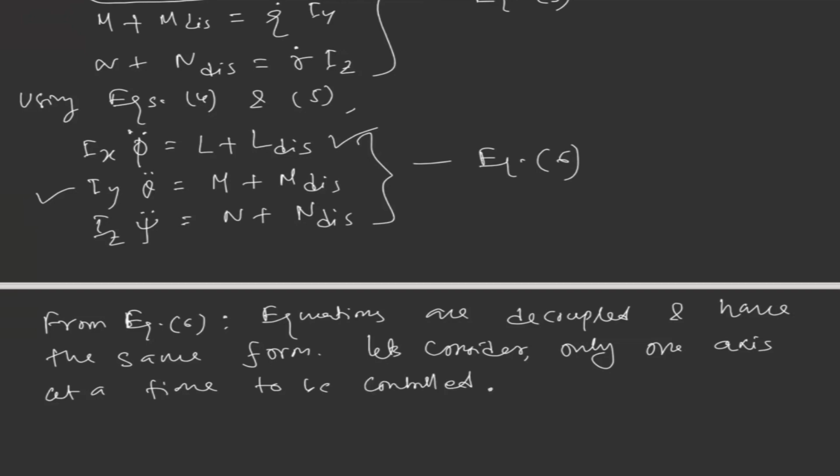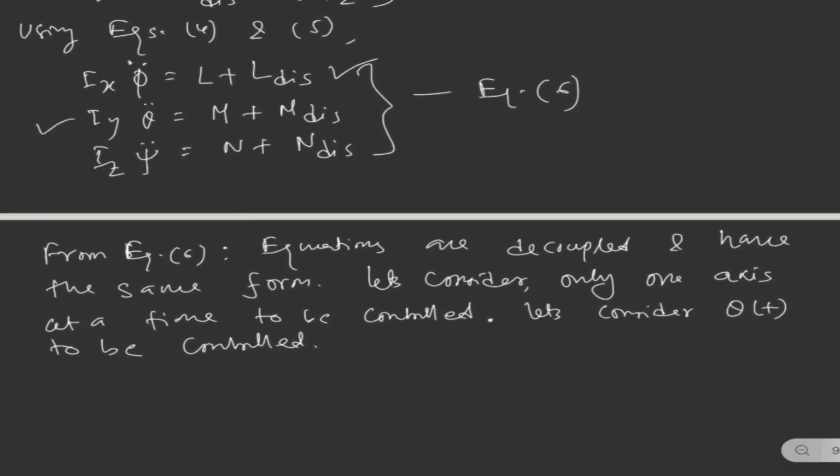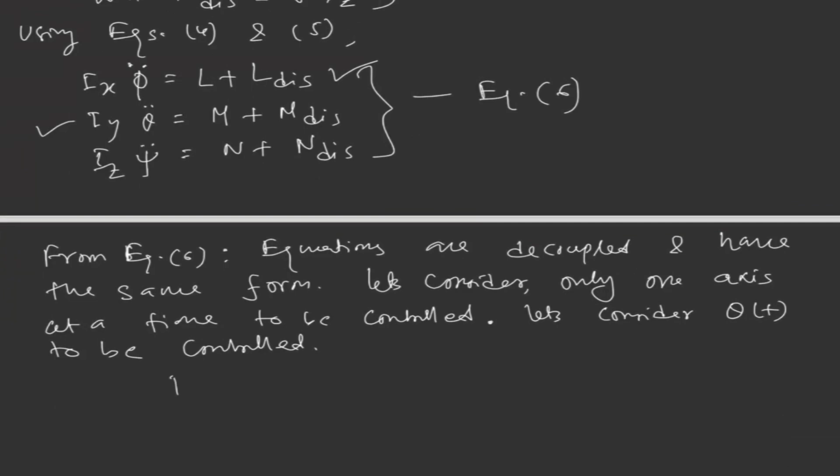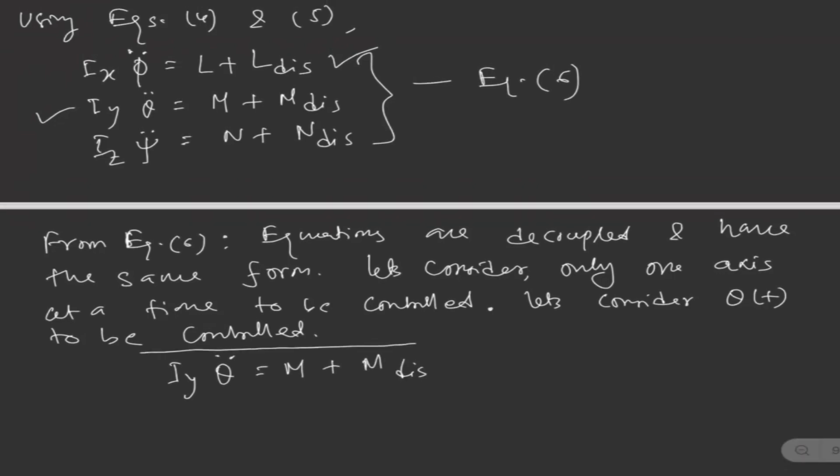And let's consider theta of t to be controlled. So in this direction, let's assume Iy theta double dot equal to m plus m ds. This is the equation we are going to consider for designing control.